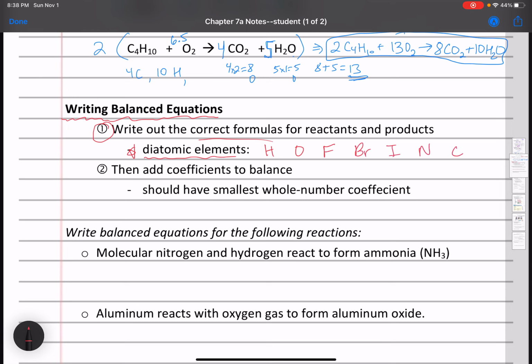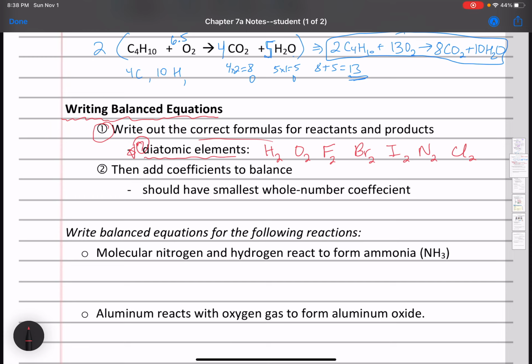Which is to say that hydrogen, oxygen, fluorine, bromine, iodine, nitrogen, and chlorine are all diatomic, meaning that when you have pure hydrogen gas or oxygen gas, it's actually molecular oxygen. It's two oxygens that are bonded together, and same thing with hydrogen and all these different 7 diatomic elements, in their natural state.